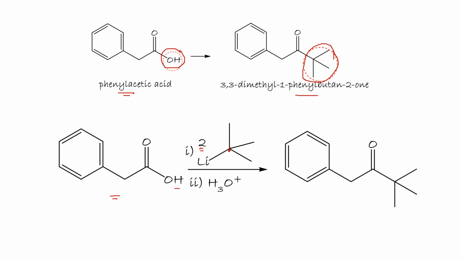This will lead to the formation of the lithium salt, then add to form the dianion, which upon hydrolysis gives the hydrate, followed by dehydration to provide the target molecule.